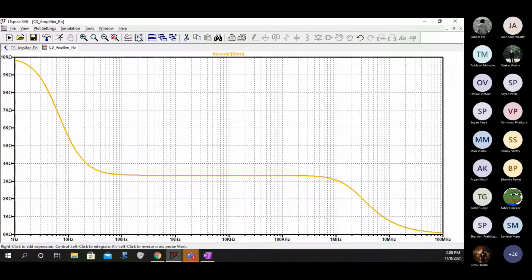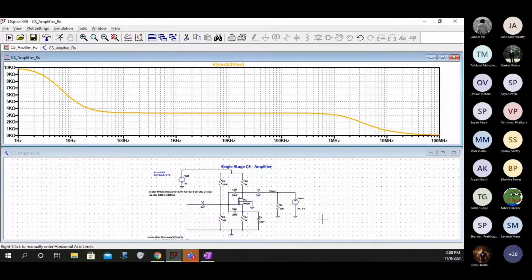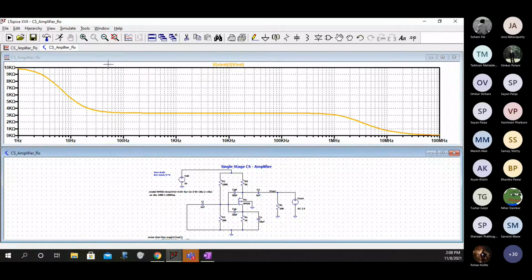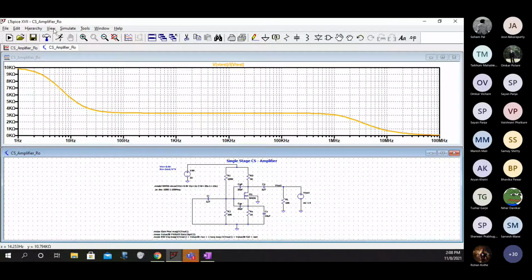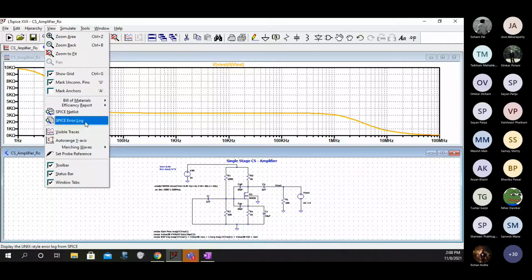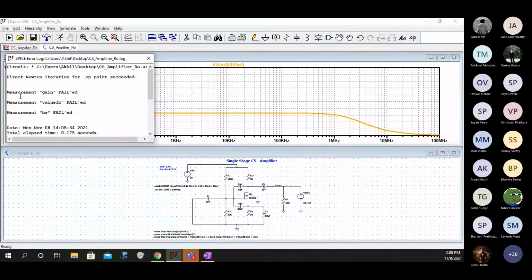So anyways, let me do it this way. And now does it calculate? You can again see the gain, 3 dB value and bandwidth have failed. Why? Because now you made the input 0. When you are making the input 0, the output is obviously going to be 0.